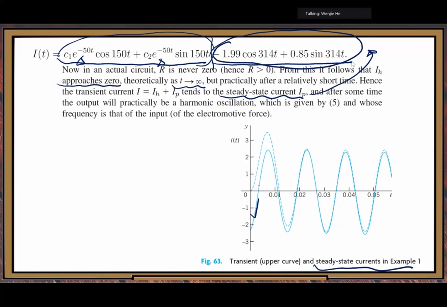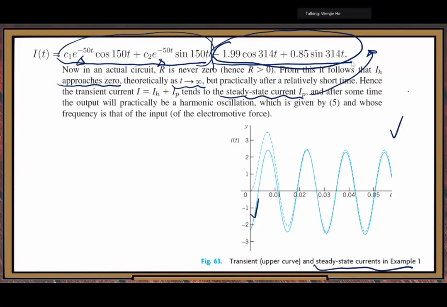I remember in one of the exercise questions, I copied the meaning of steady state from the web. If we read that paragraph, we couldn't understand what the steady state current means. But if you see the graphs of these 2 curves, now you understand.